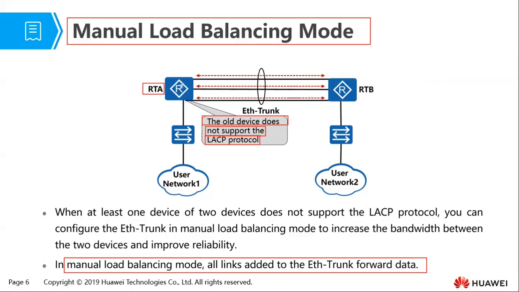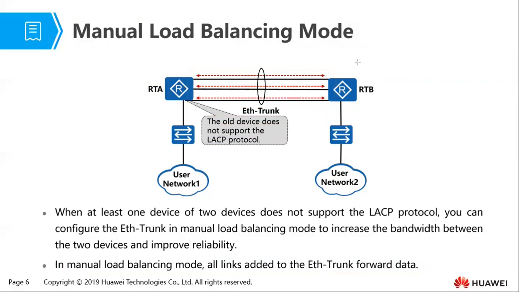What is important to remember is that in manual load balancing mode, all links forward data in load balancing mode, meaning each link actually forwards data with equal percentages. So maybe 33.333% of the data will pass through this link like that. So that is what we call manual load balancing mode.